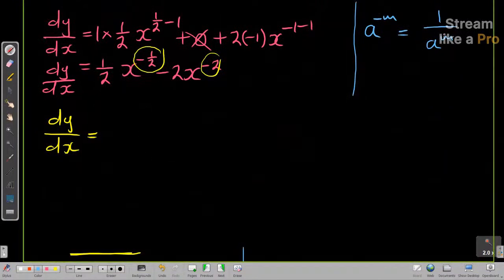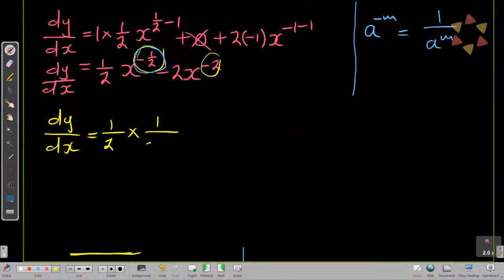But similarly, when I'm looking at this negative half here, I want it to go down. It will then say 1 over 2 times 1 over x to the power 1 over 2. That's how it will multiply, because there is a multiplication sign there.